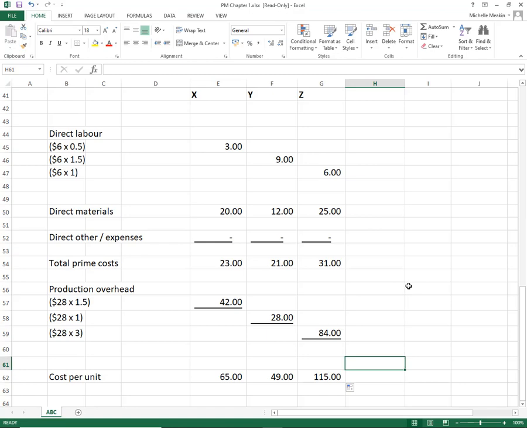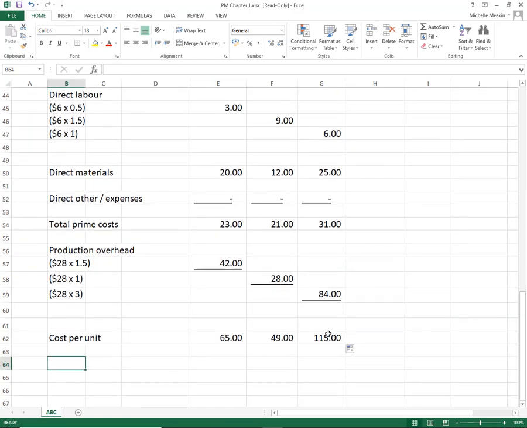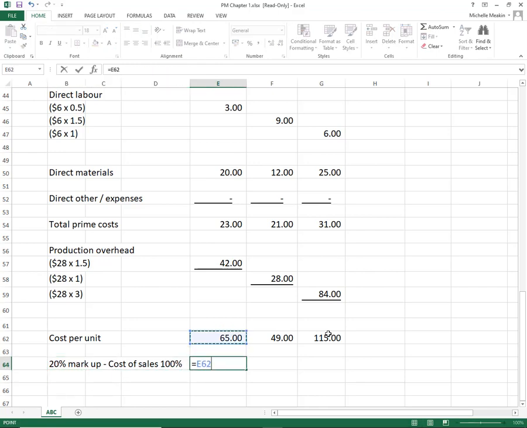It says to you though, Trim Lake sets its price based on the production cost plus a 20% markup. So we can now work out our sales price per unit. We have a 20% markup. In a markup environment, that means our cost of sales represents 100%. So we will very simply take 20% of our cost.